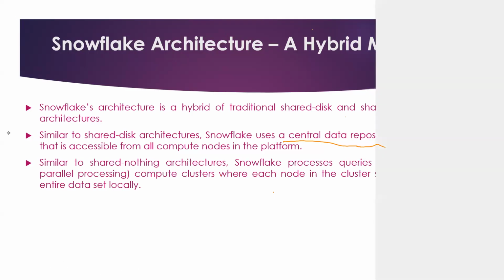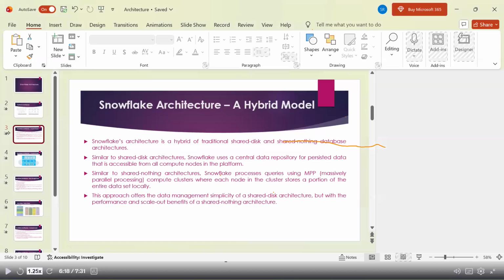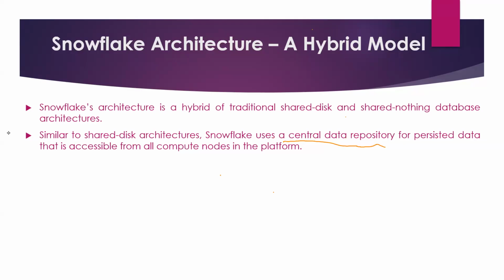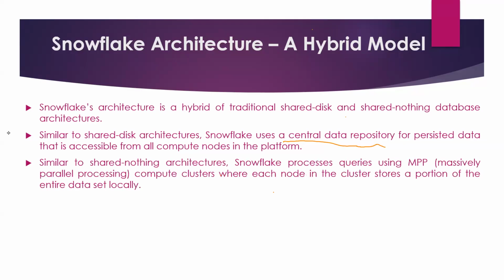Similar to the shared nothing architecture, Snowflake processes the queries using MPP, massively parallel processing compute clusters, where each node in the cluster stores a portion of the entire data set locally.